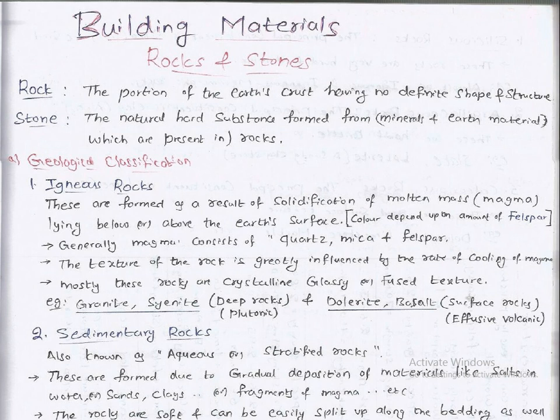Second, sedimentary rock, also known as aqueous or stratified rock. These are formed due to the gradual deposition of materials like salt in water, sand, clay, or fragments of magma.